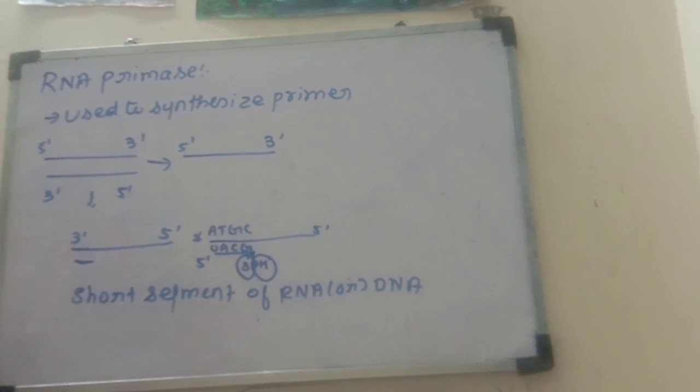Then RNA primase is used to synthesize RNA primer, and the RNA primer is finally removed by DNA polymerase 1, because it is RNA and this is DNA. Anyway, we are going to discuss everything in detail. These are the important enzymes playing a role in the DNA replication process. In the next video we are going to discuss the process of DNA replication.